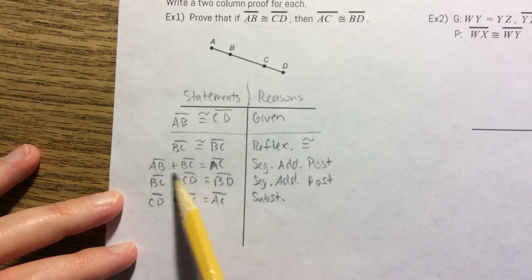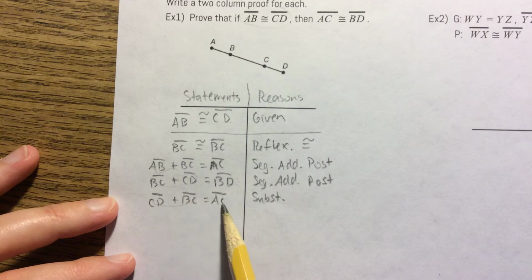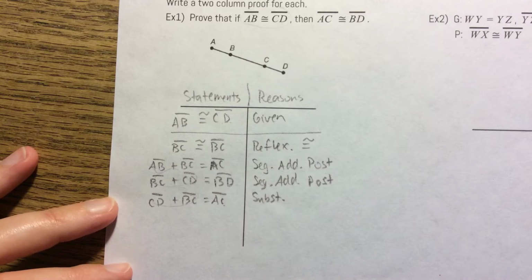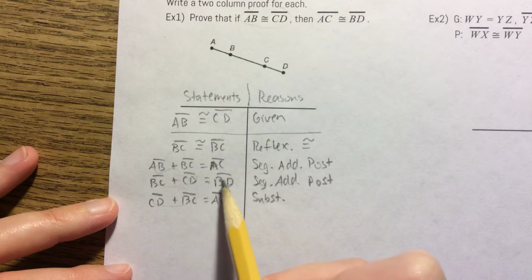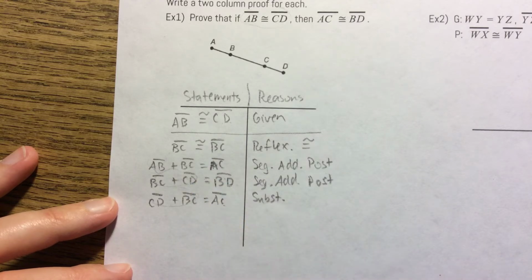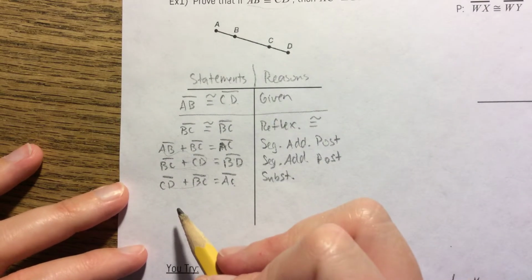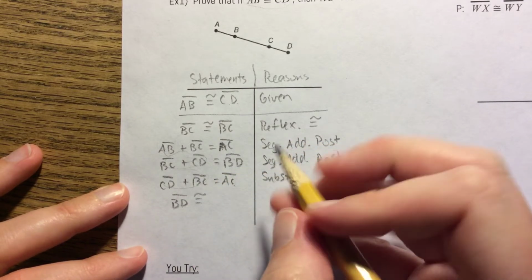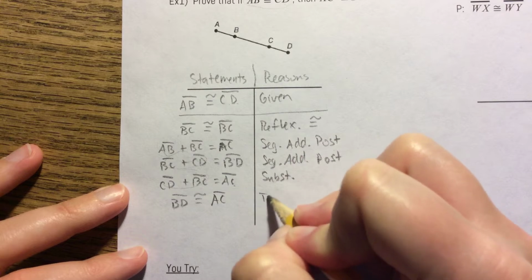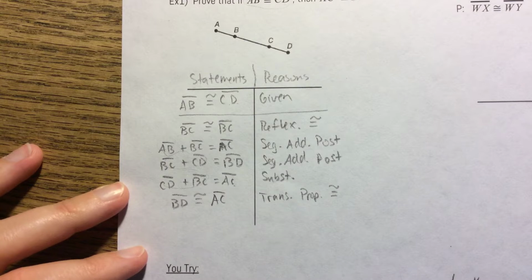So we have this piece equals this, and this piece equals that. So that means that AC must be congruent to BD. This is like if A equals B and B equals C, then A equals C. So that is our transitive property. So this is going to be now BD is congruent to AC, transitive property of congruence.